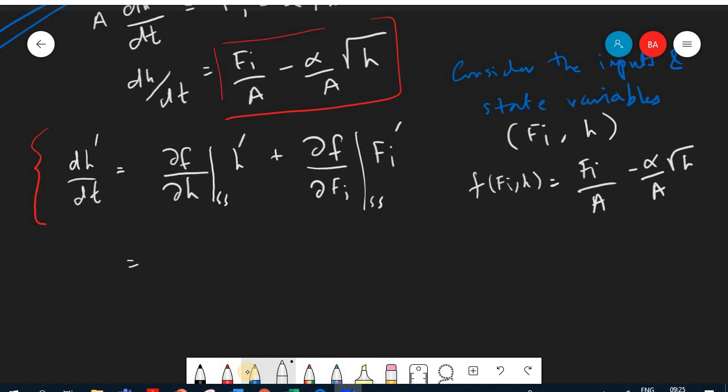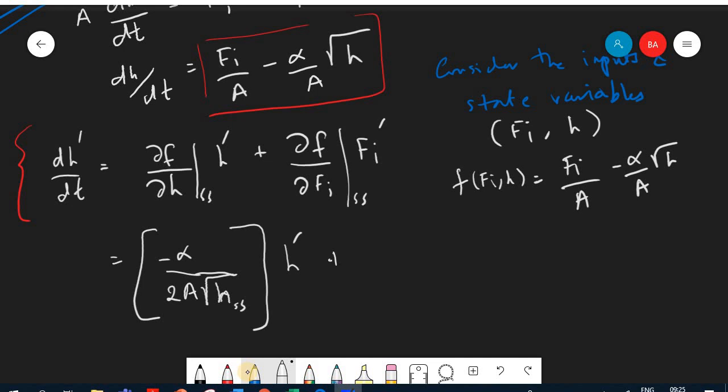The first term is 0, because there's no h. We have an h in the second term, so we take the derivative. It will be minus alpha over a, and the derivative of the square root of height is 1 over 2 square root of height, all at steady state. So that is my first term, df by dh into h prime.